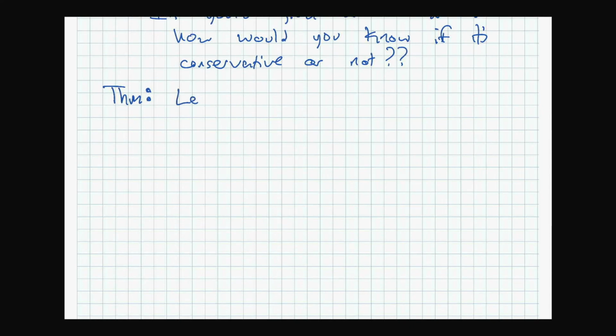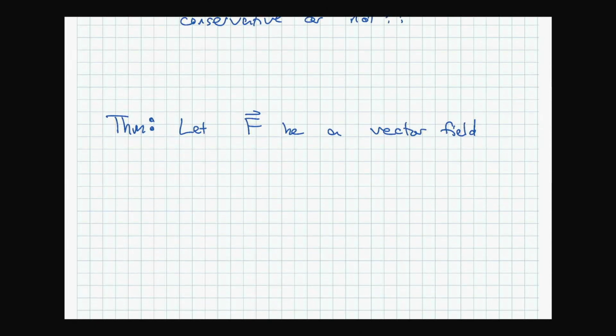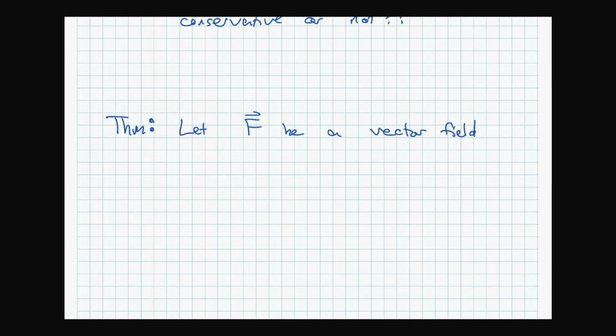Actually, let me give you the idea of it first, but I'll just move this down a little bit. So let f be a vector field with continuous second order mixed partials.